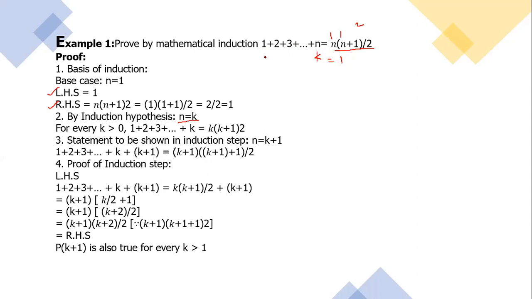In the left hand side I'm having 1 plus 2 plus 3 plus etc. plus k, that is equal to, in the case of n, I just replace it with k, so k into k plus 1 divided by 2. This is the right answer, just substituting the n value into this equation.